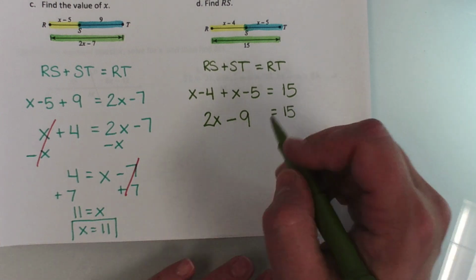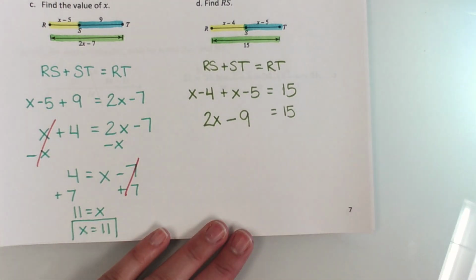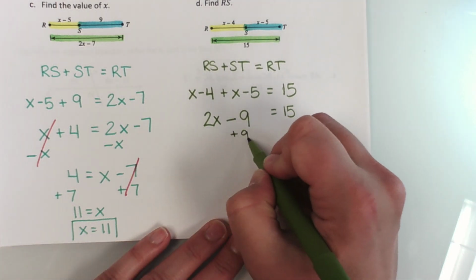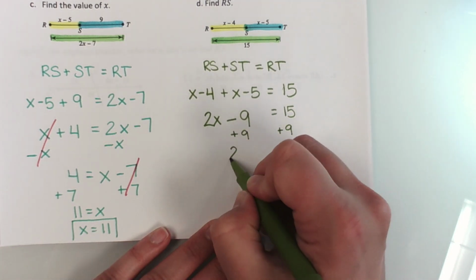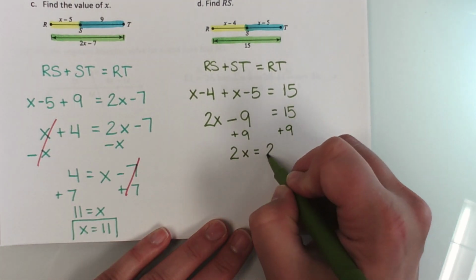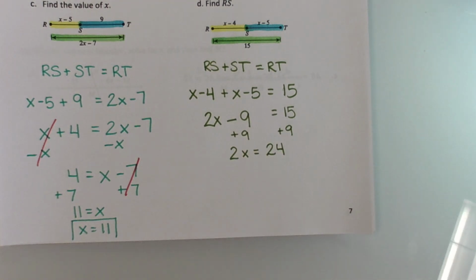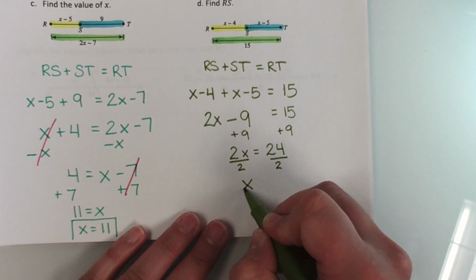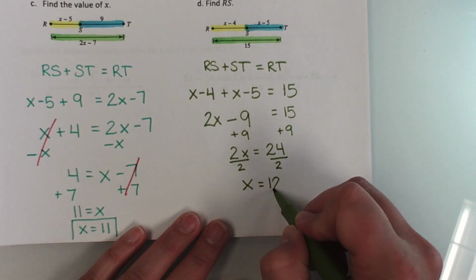And we solve. Do we get rid of the 2 or the 9 first? 9 by adding 9. 2x equals 24. How do I get rid of the 2? Divide. Divide by 2. X equals 12.